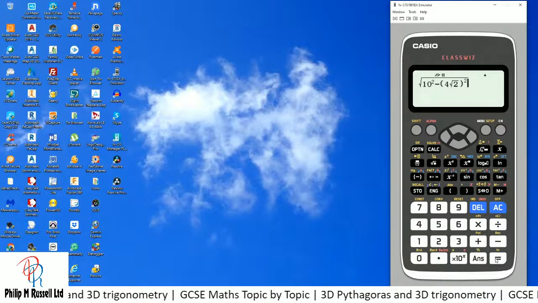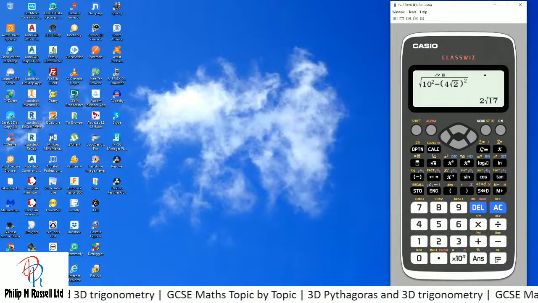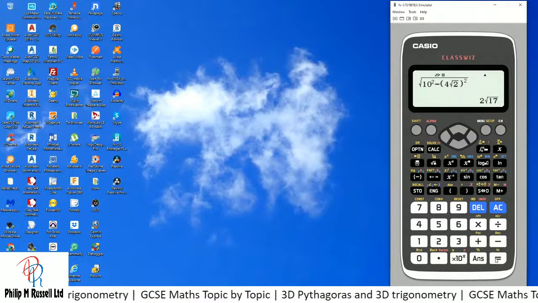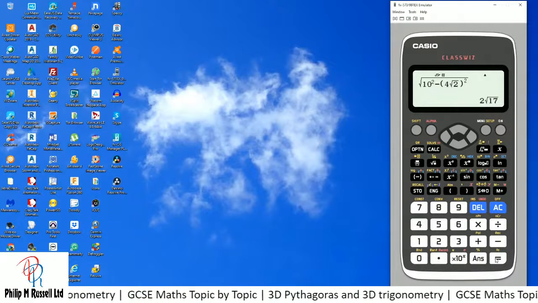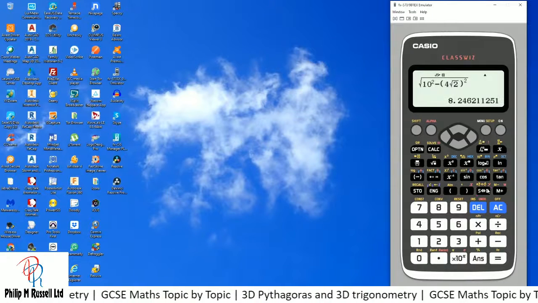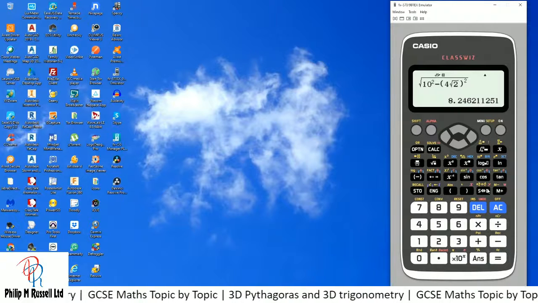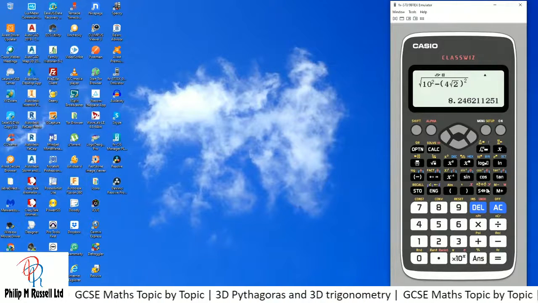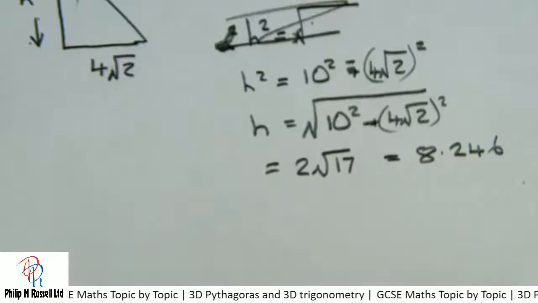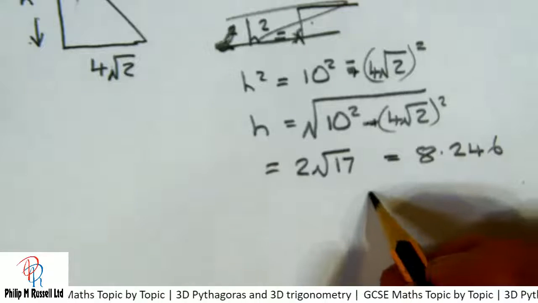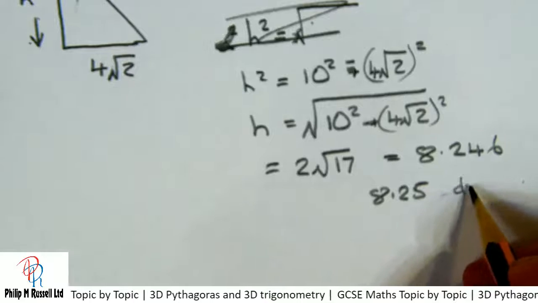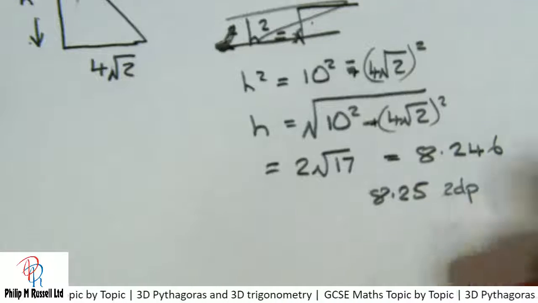And if I work this one out, I get 2 root 17. And 2 root 17 isn't really a useful answer, but that gives me 8.246, and if I do that one to 2 decimal places this time, this is going to be 8.25 to my 2 decimal places.